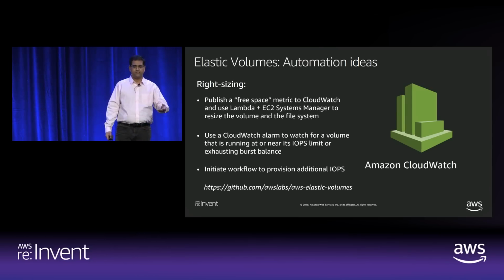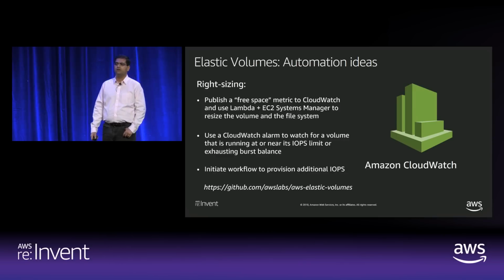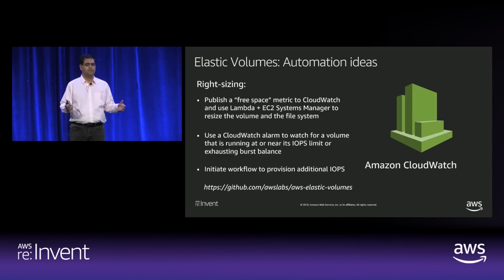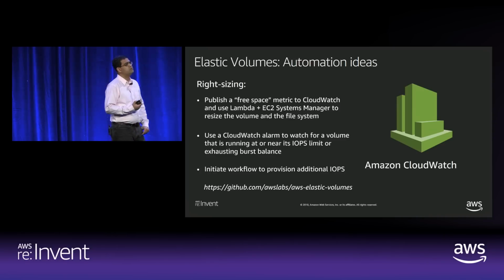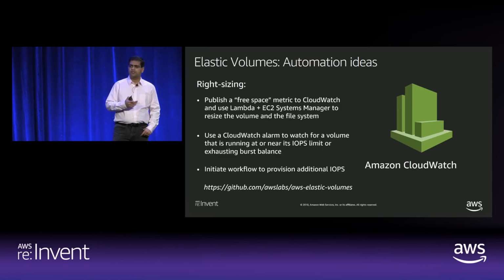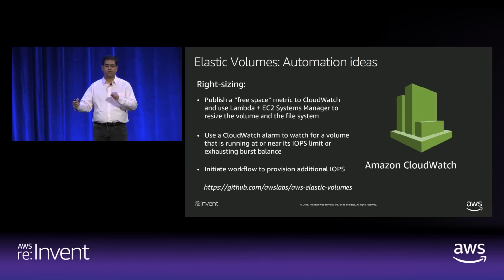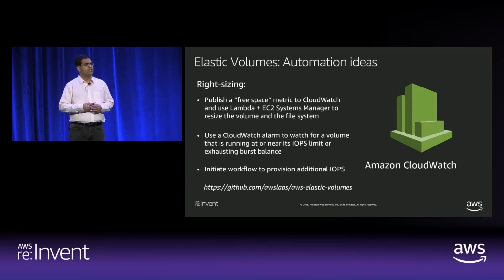You can publish a free space metric to CloudWatch, use Lambda to extend the volume, resize the file system, and take advantage of that new capacity. You can run a CloudWatch alarm to monitor what your IOPS consumption is on your volume and decide if you're running out of IOs and if you need to extend the volume. Right? You can then automatically initiate a workflow where you need additional IOPS for the volume.